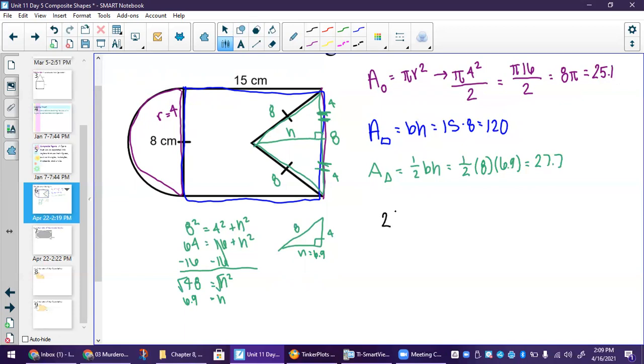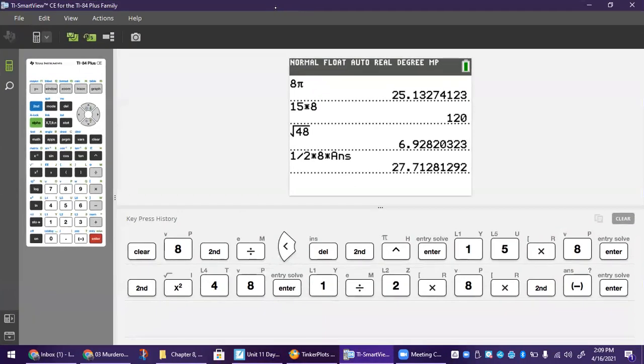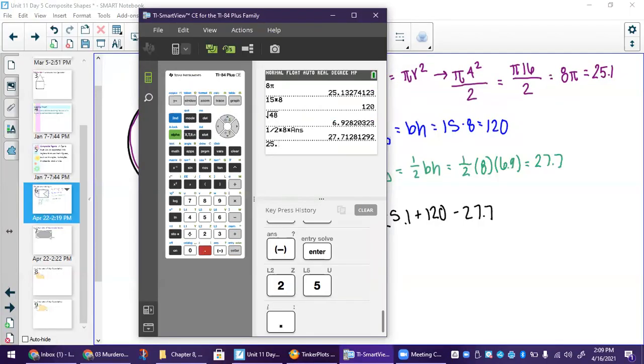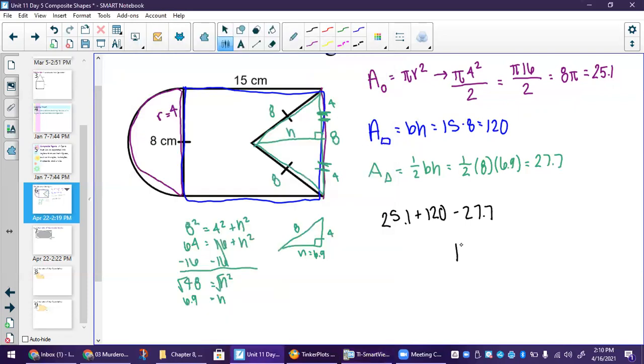So I want to take 25.1, add on the rectangle, but subtract the triangle. 25.1 plus 120 minus 27.7 equals 117.4. And we want to make sure we have units, centimeters. We're talking about area, so centimeters squared.